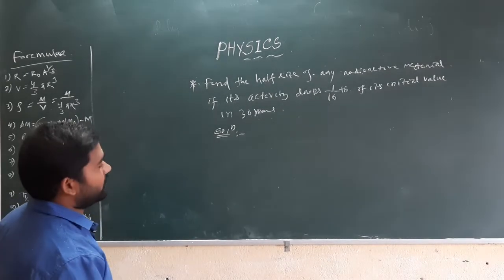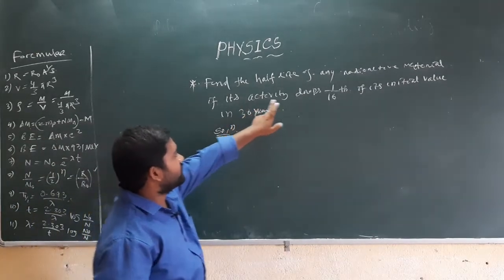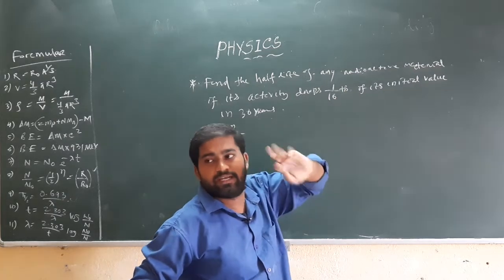What is the given data here? Given is the activity drops to 1/16 of its initial value, that means initial activity.